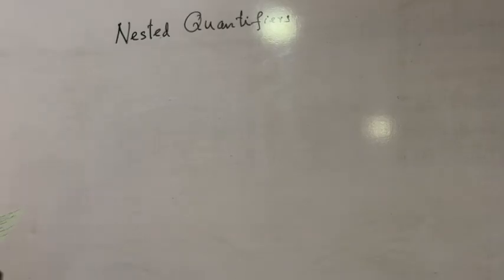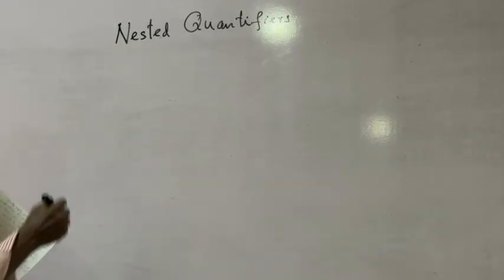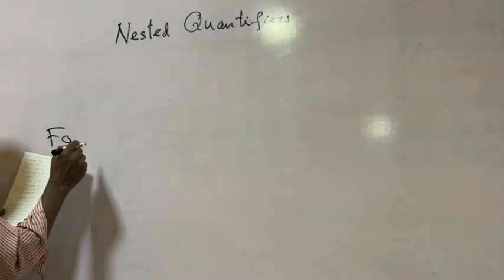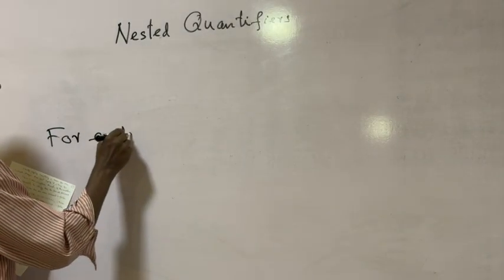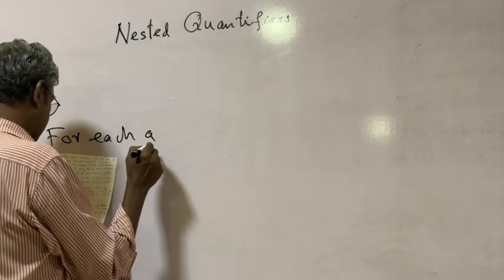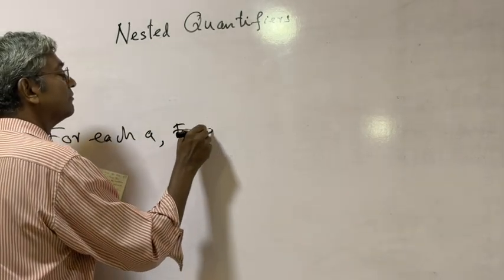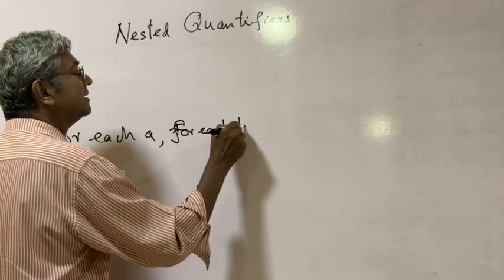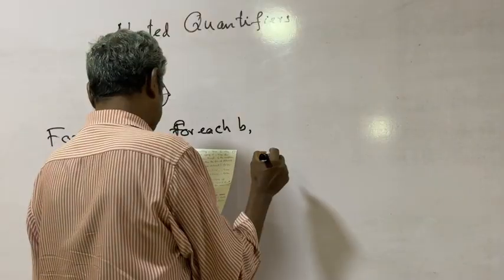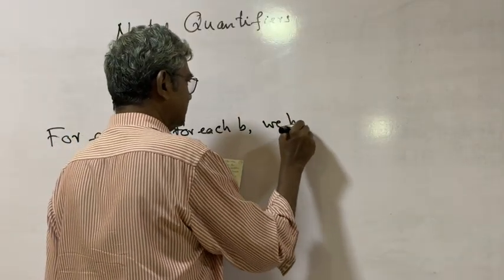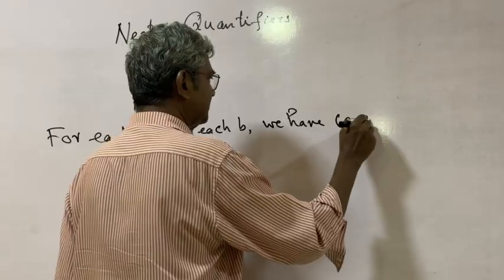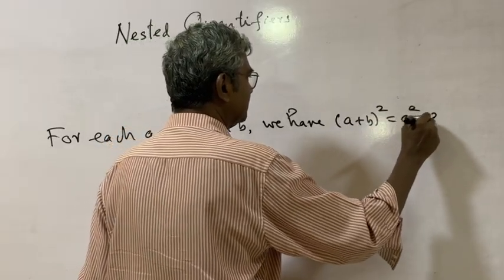Swapping the order of 2 quantifiers may or may not make a difference to the truth of a statement. Swapping means interchanging. Swapping 2 for all quantifiers is harmless. I wrote a statement from the book, his example: for each a, and now for each b, (a plus b) squared equals a squared plus 2ab plus b squared.